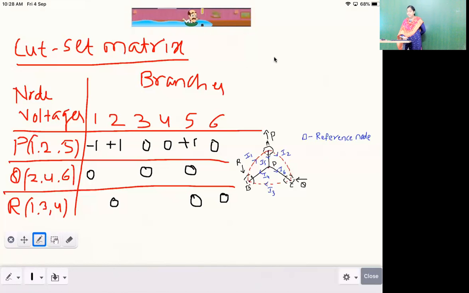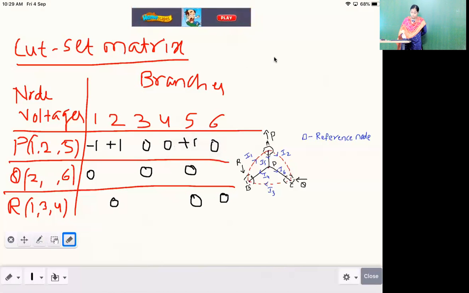Similarly for Q. One thing you have to remember here: the directions of writing +1 and -1 will vary according to the direction of P, Q and R. They won't remain the same for all of them. Please remember that. So now coming to Q. At Q, the direction of the current is entering the node. Therefore, for Q, entering the node has to be +1 and leaving the node has to be -1. Now what are the branches associated with Q? We have 2, 3 and 6.